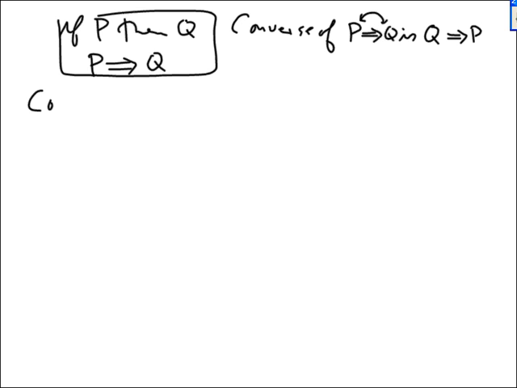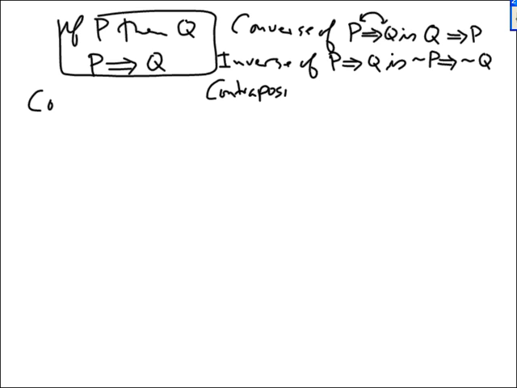Certainly don't do anything less. The inverse of P implies Q is you negate the P and the Q, but you don't switch the order. P implies not Q.